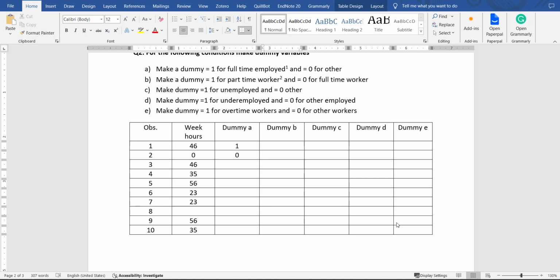So dummy D type is underemployed and 0 is other employed. So in this example, underemployed is 35. 35 will be equal to 1 and the 10th one will be 1, and other employed means all others except 2 and 8. In 2 and 8 it will be empty.